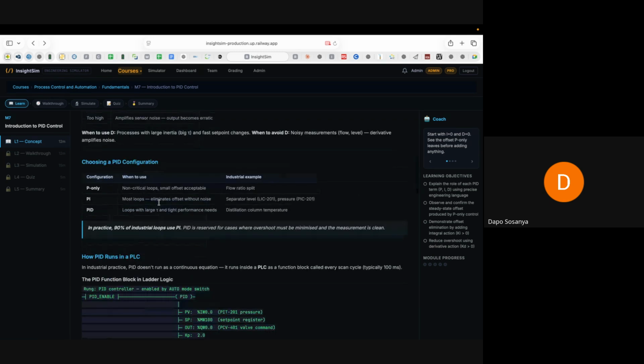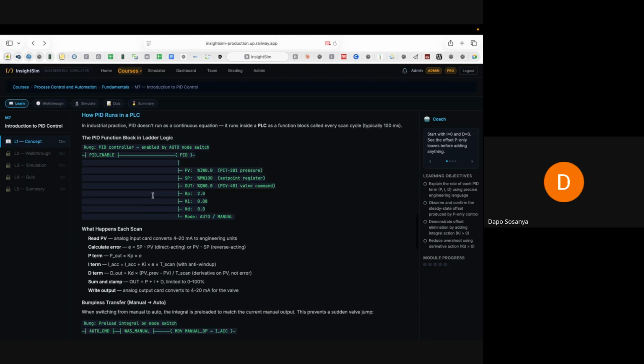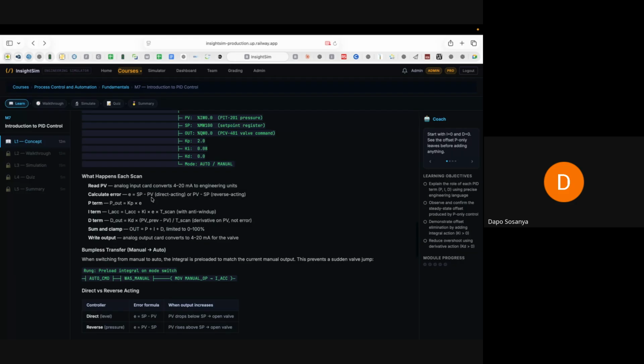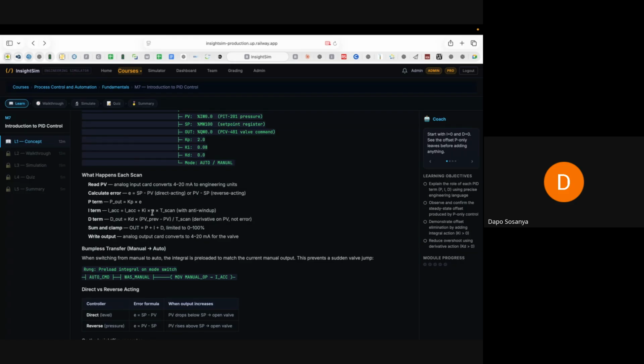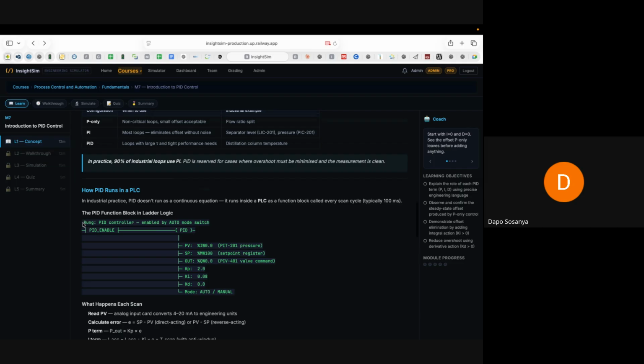So in industrial practice, PID doesn't run as a continuous equation. It runs inside the PLC as a function block that is called every scan cycle, right?